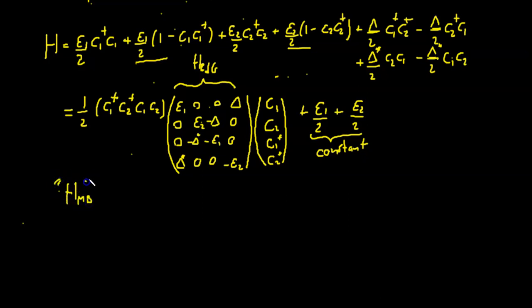And I'll write the basis I'm referring to, which is block diagonal in parity. So I have a state with 0 fermions, a state with 2 fermions, and 2 states with 1 fermion each.